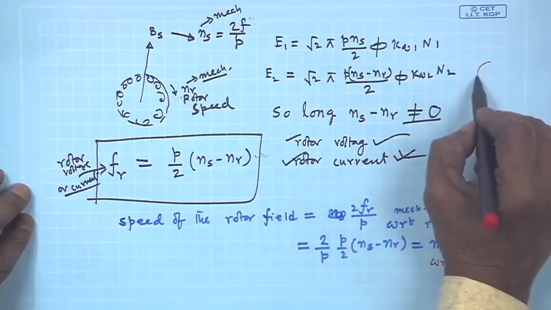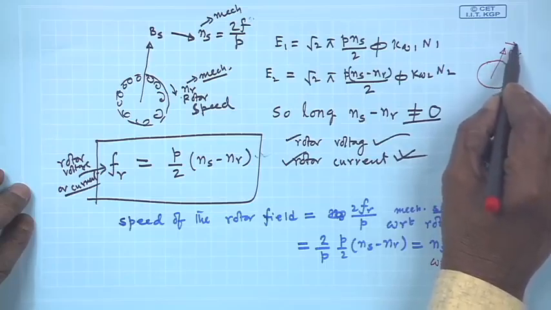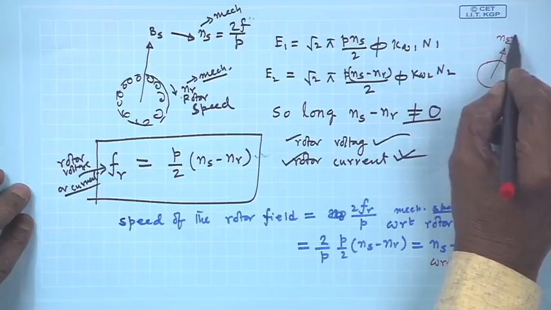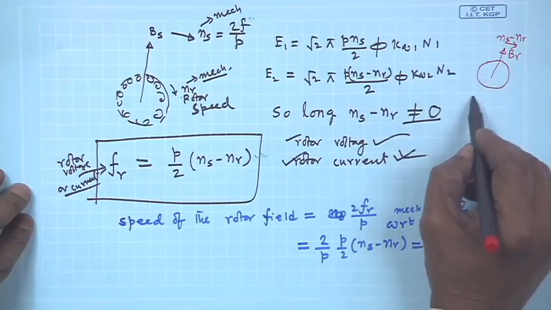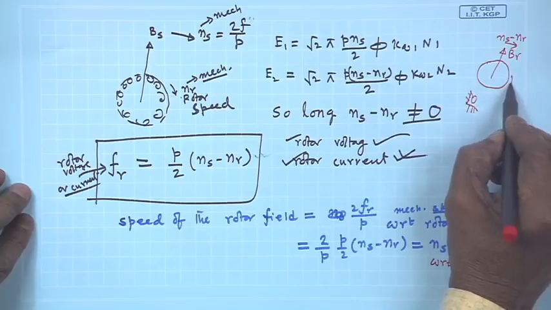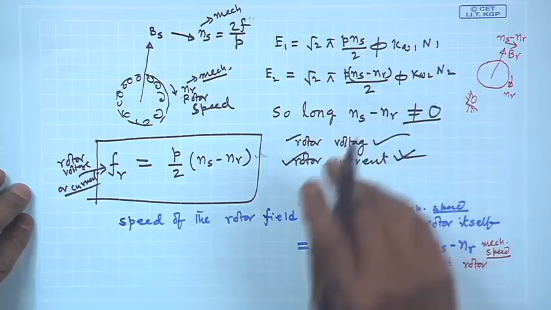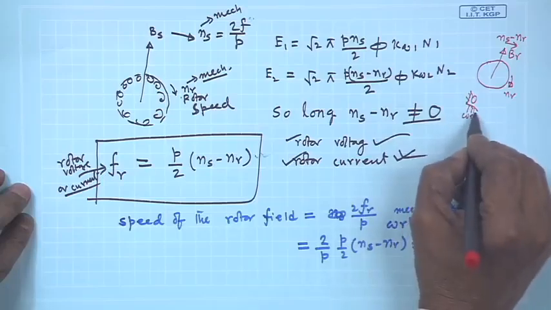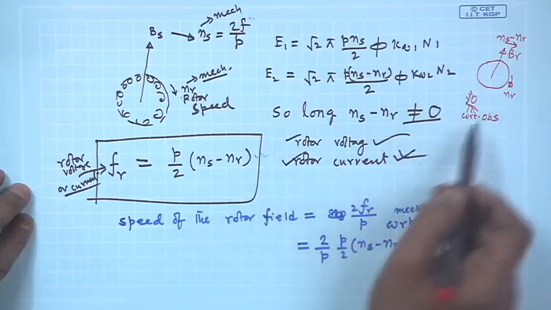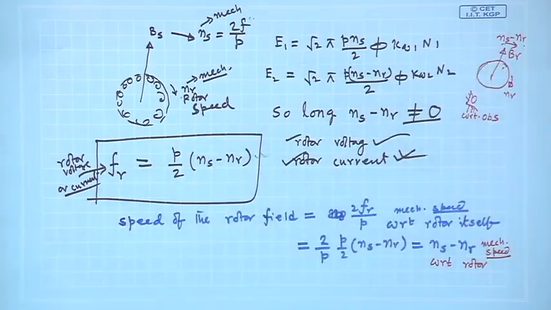So, here is a rotor where there is a rotating field Br, and it is moving with a speed Ns minus Nr with respect to the rotor itself, and a stationary observer also sees the rotor moving with a speed Nr. So, the rotor is moving with a speed Nr with respect to a stationary observer, and with respect to the rotor the field is moving with a speed Ns minus Nr.